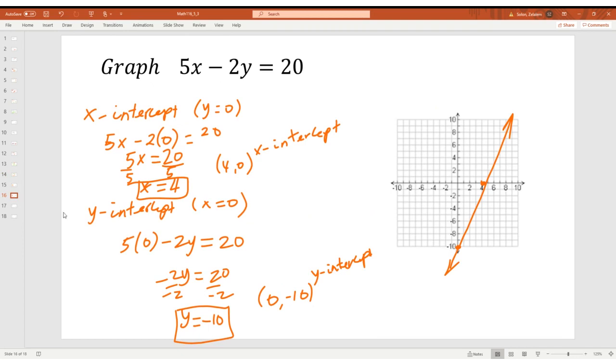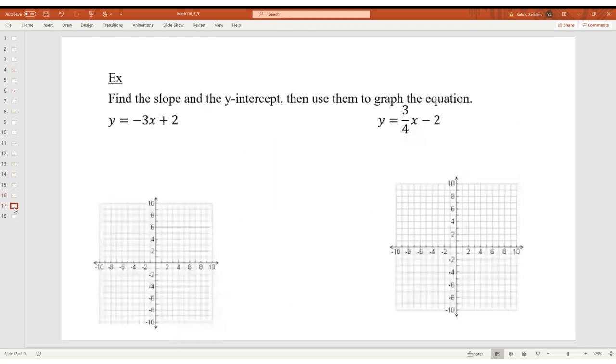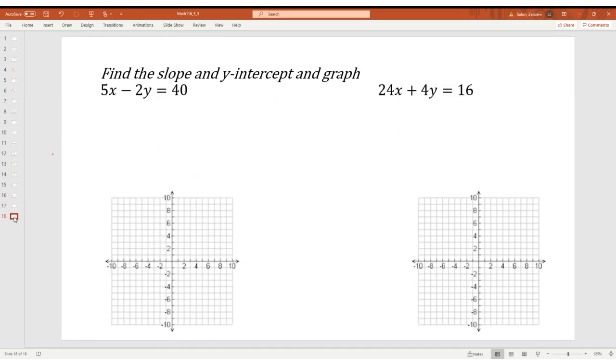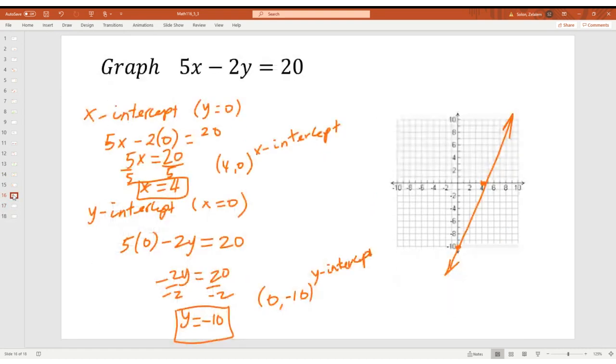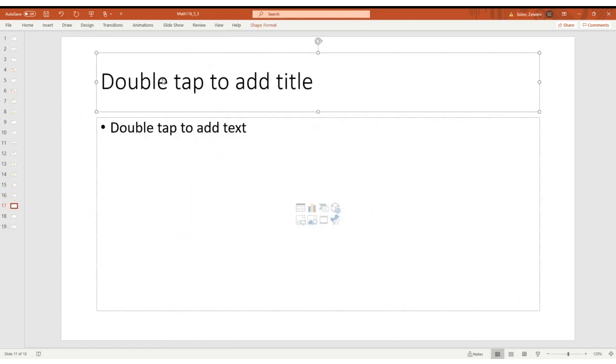Okay, if you don't have any question, we'll go to finding slope and y-intercept, then use them to graph the equation. Before that, let me explain one thing about the slope-intercept form of the function. Before moving to the example, it's better to describe what we are going to do.